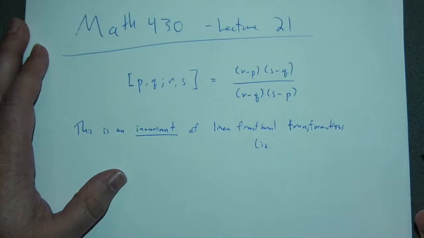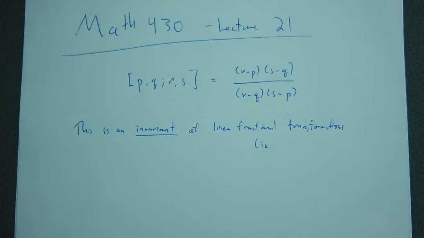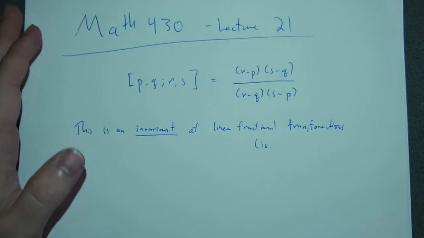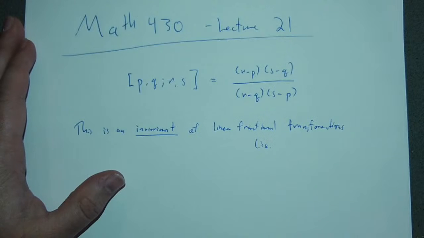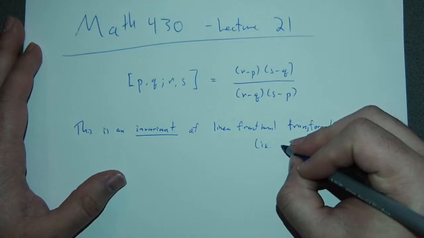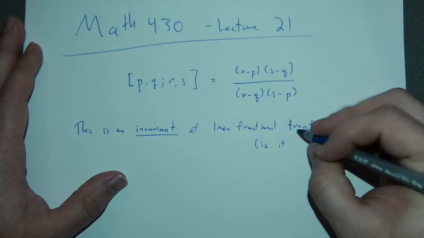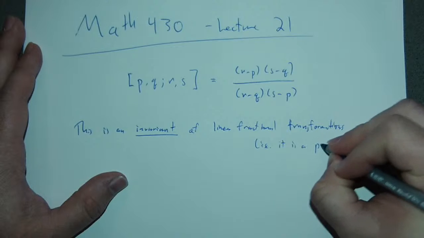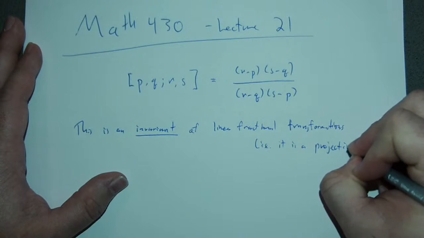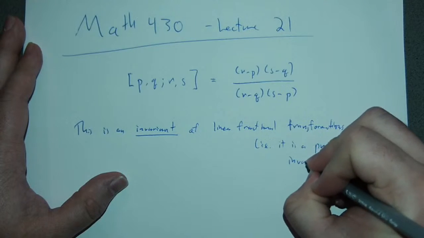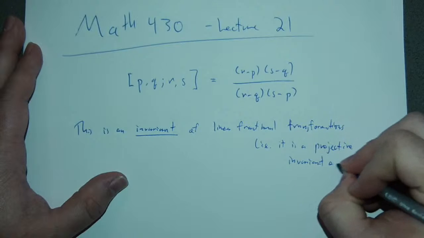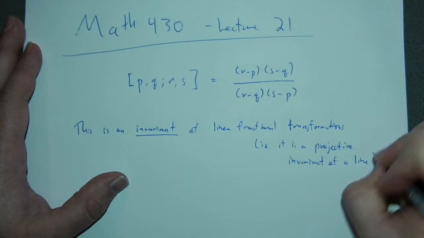Every projection is realized as a linear fractional transformation, and vice versa: every single linear fractional transformation is a projection on a projective line. So it is an invariant of projections. It is a projective invariant of a line.